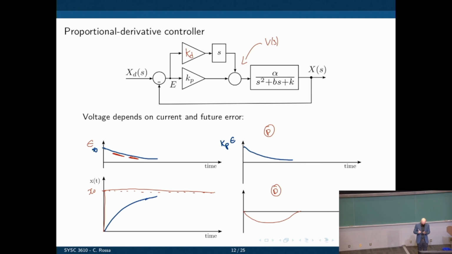And then as the error remains constant, it will eventually turn to be 0. So what we have here is the derivative of the error times kd.